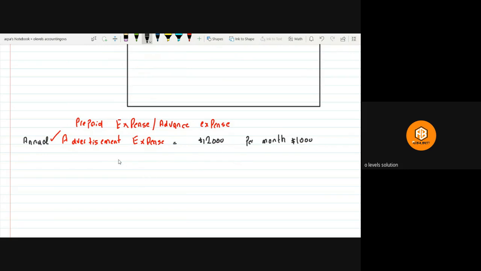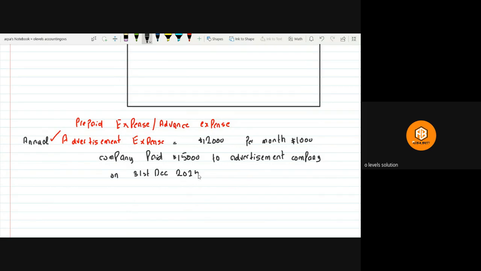For example, if the company paid $15,000 on, let's say, 31st December 2025.